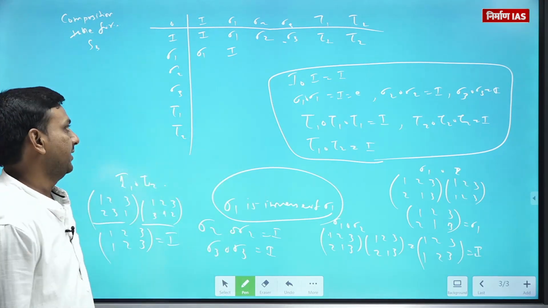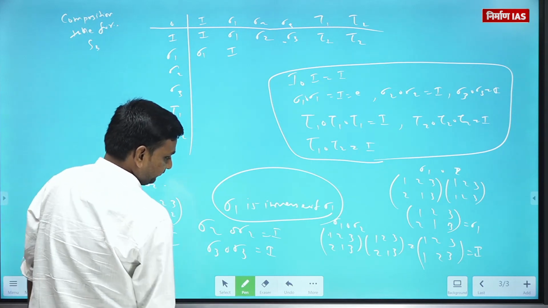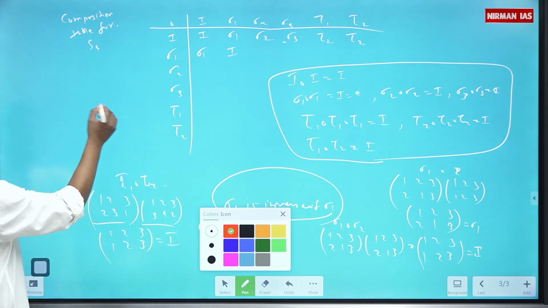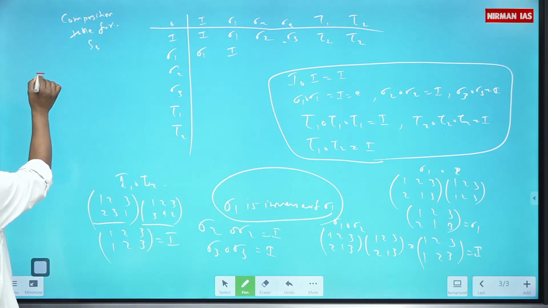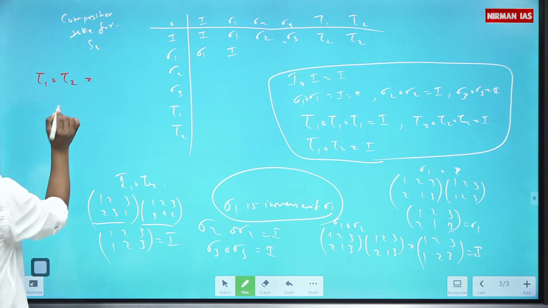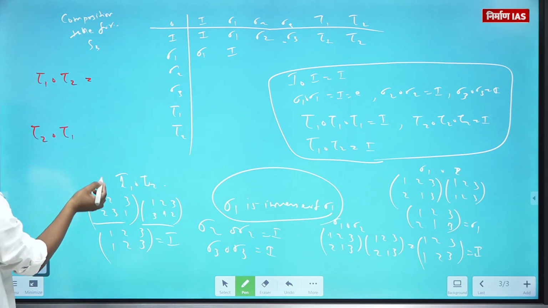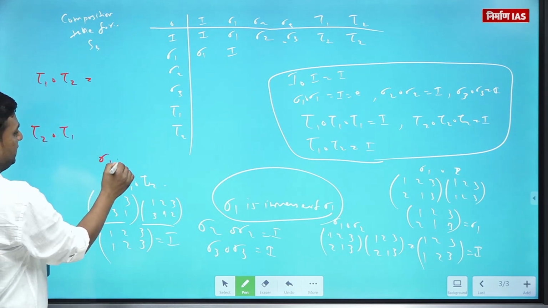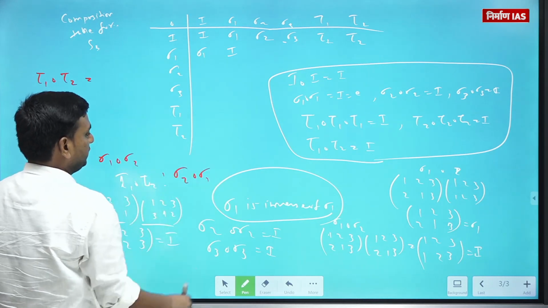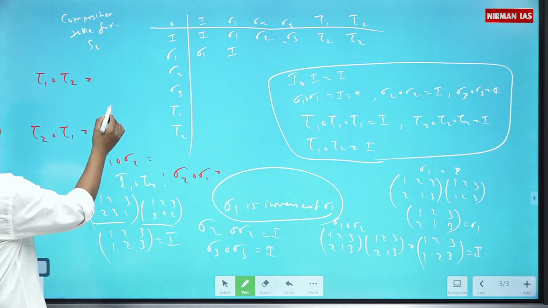Okay. Now one more point I would like to discuss here. See, if you compose tau 1 composition tau 2, check it out, and you compose tau 2 composition tau 1, or you can compose sigma 1 composition sigma 2 as well as sigma 2 composition sigma 1, do such compositions and compare these two.